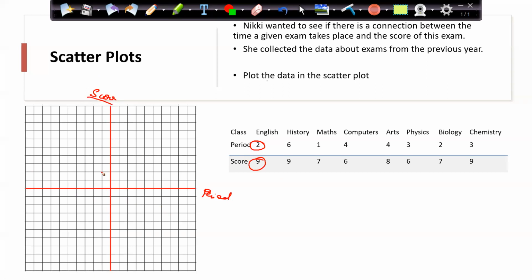When period is 2, my marks is 9. 1, 2, 3, 4, 5, 6, 7, 8, 9. That is my first point. When the period is 6, my marks is 9 as well. When the period is 1, marks is 7.